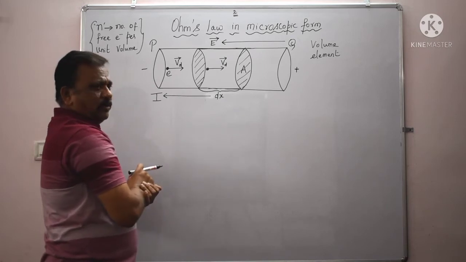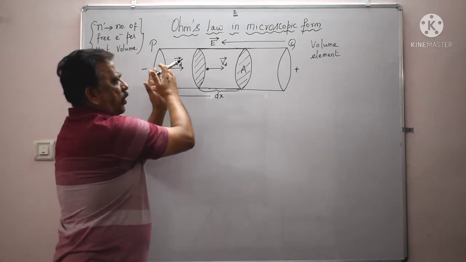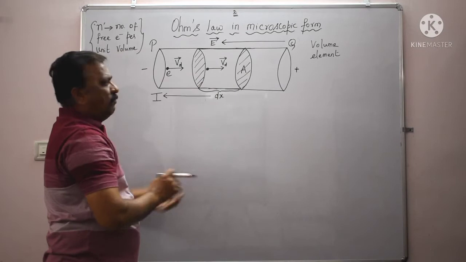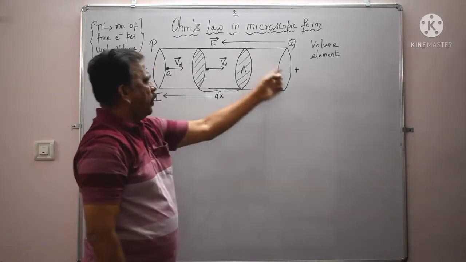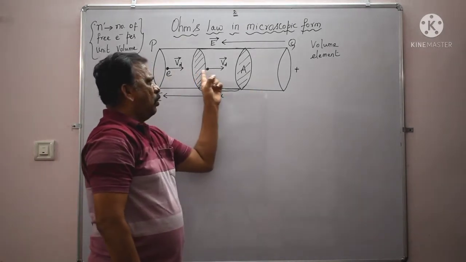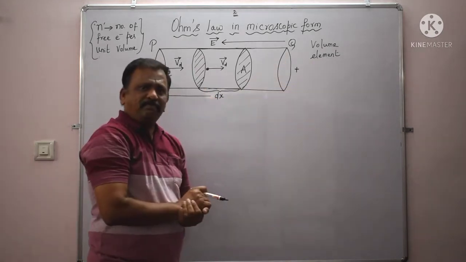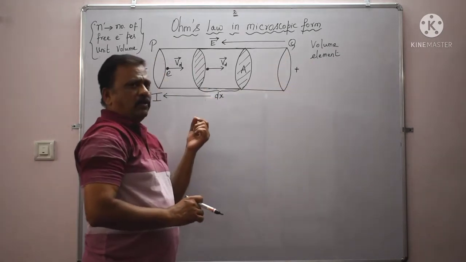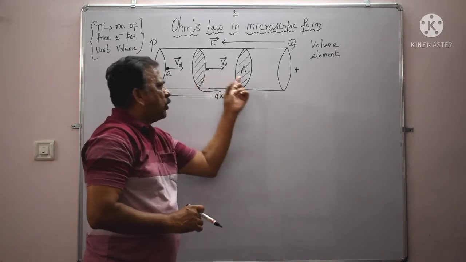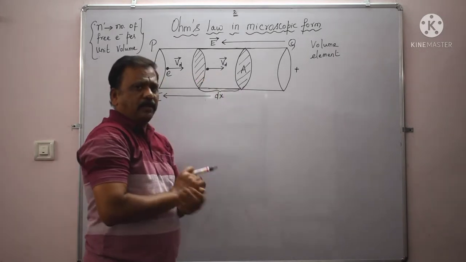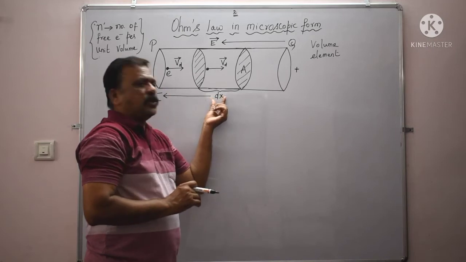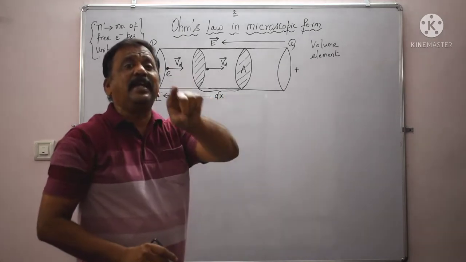Electrons are going to drift from left to right. When the electrons drift from P to Q, they have to travel all along the way, by a distance equal to dx through the volume element. So let an electron drift through this volume element and cover a distance of dx in a time dt second.